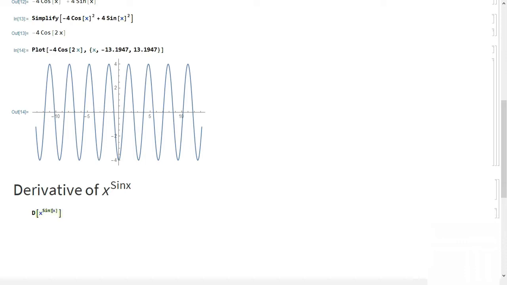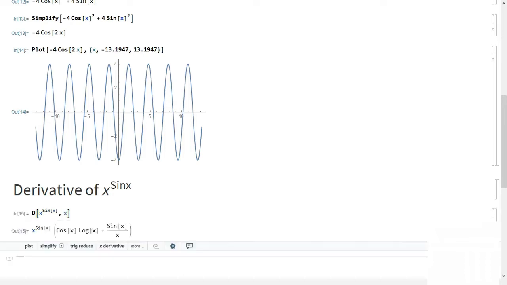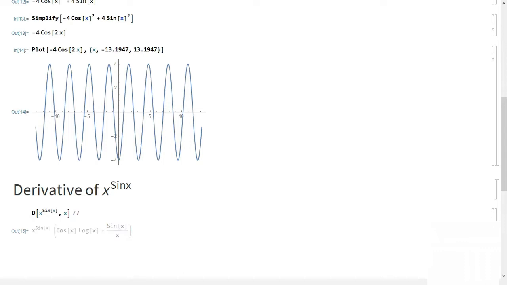Sorry, S should be capital, and then you specify the variable, and there you go. Again, you can also simplify the whole result just by doing this, put double slash and simplify.